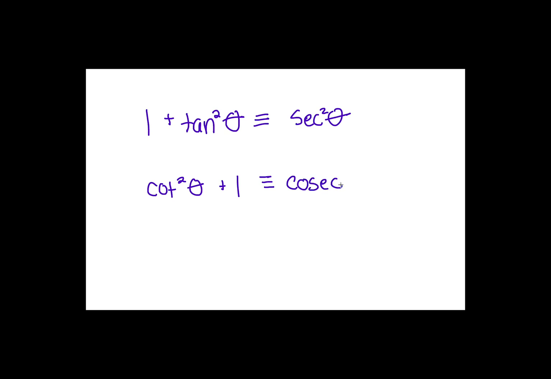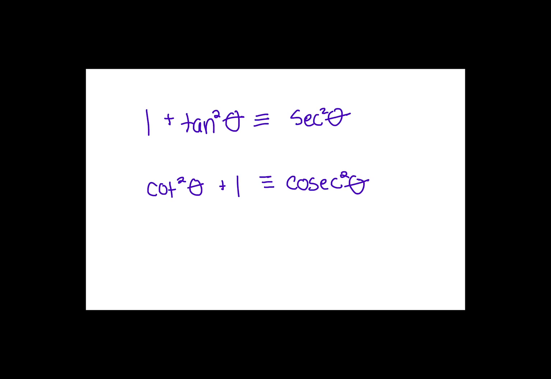Okay, so in this chapter, we're also introduced to some new trig identities. 1 plus tan squared theta is equivalent to secant squared theta, and cotangent squared theta plus 1 equals cosecant squared theta.